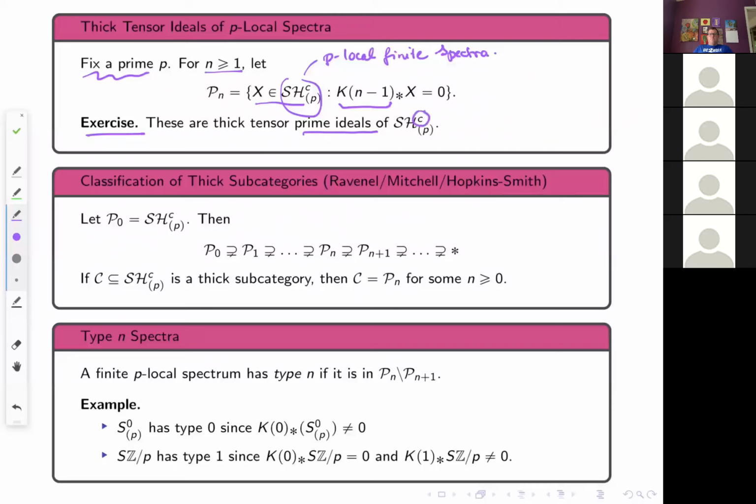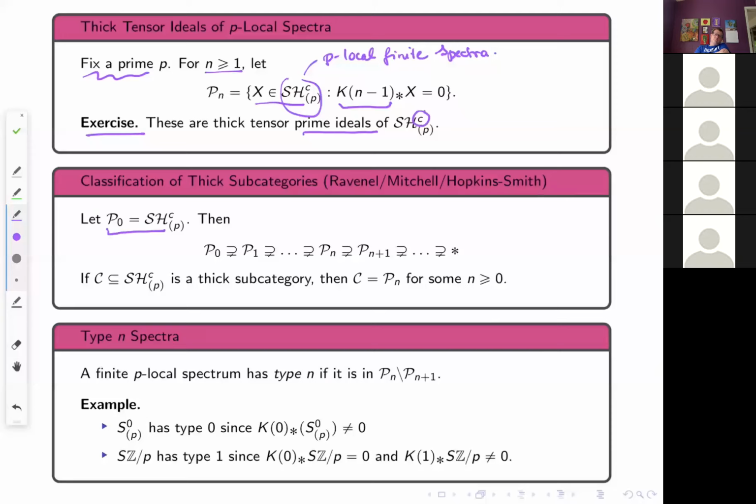Now we come to one of the big theorems in this game. Just for notational purposes, I'm going to let P0 be this. That's not a proper ideal of SHC, so I'm not going to call it prime, but we have these inclusions. P0, or p-local finite spectra, is filtered by these categories: P0 contains P1, contains so on.